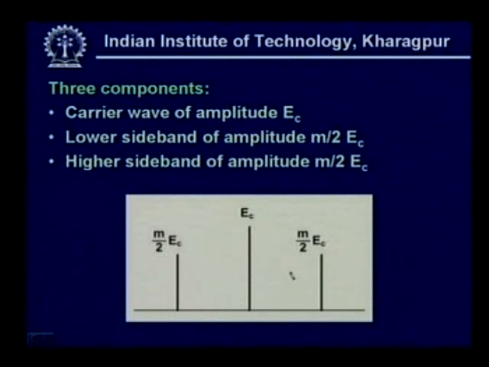That means, the sideband frequencies will have amplitude equal to Em by 2, because m by 2 into Ec, as you know m is equal to Em by Ec, so Ec will cancel out and give you Em by 2. That means, the amplitude of the side frequencies will be equal to Em by 2, which is dependent on the amplitude of the modulating signal.